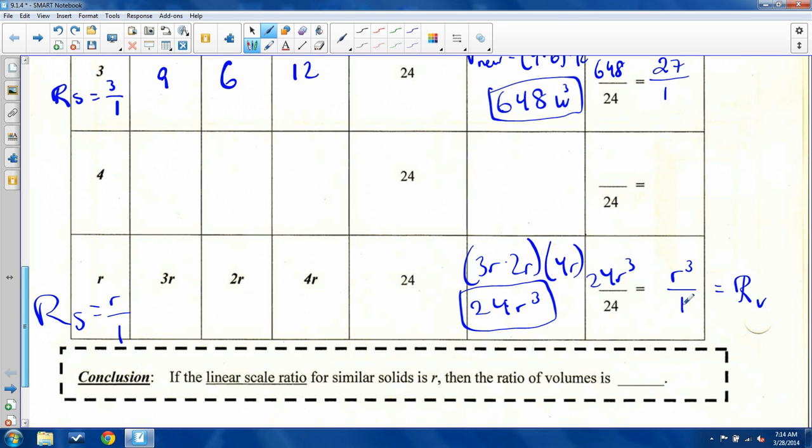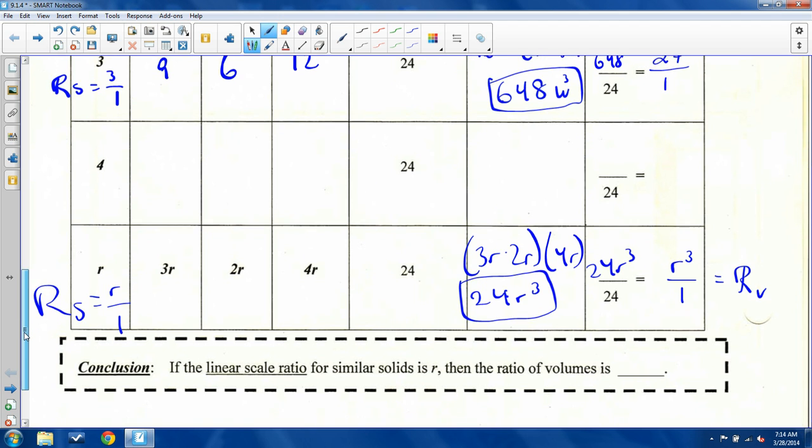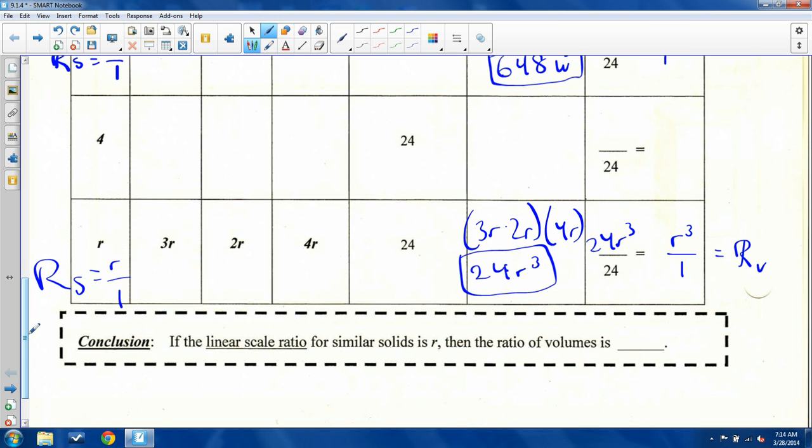It means this is how many cubes you can fit in, or this is how many prisms you can fit into your original prism. If I have one of them, then I can fit R cubed amounts into my new one. Okay, so I want you to get this relationship in mind right now.